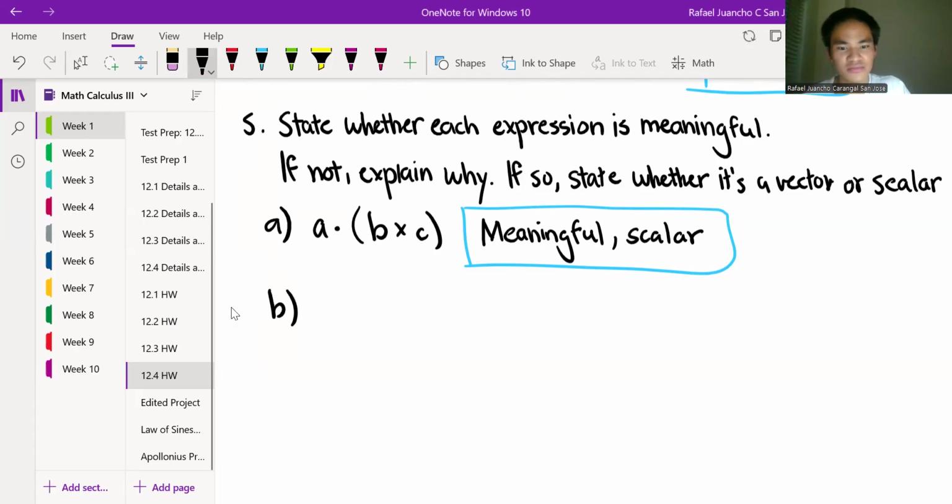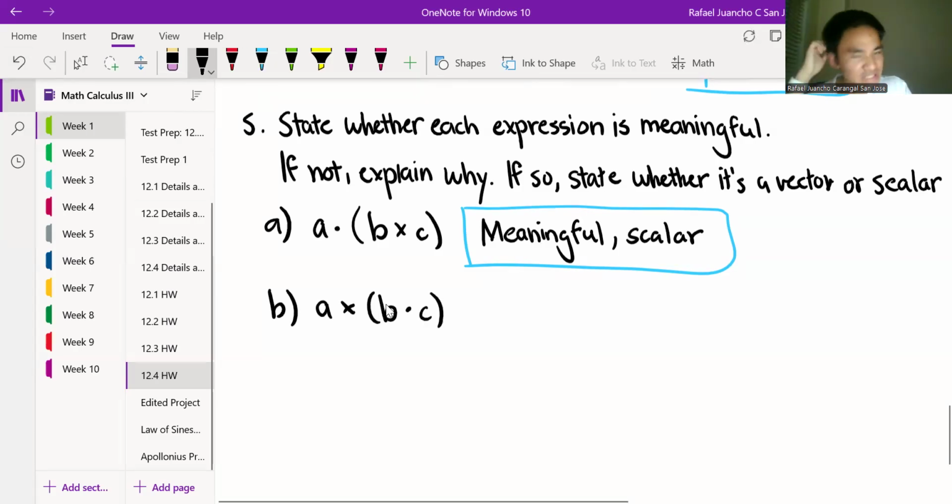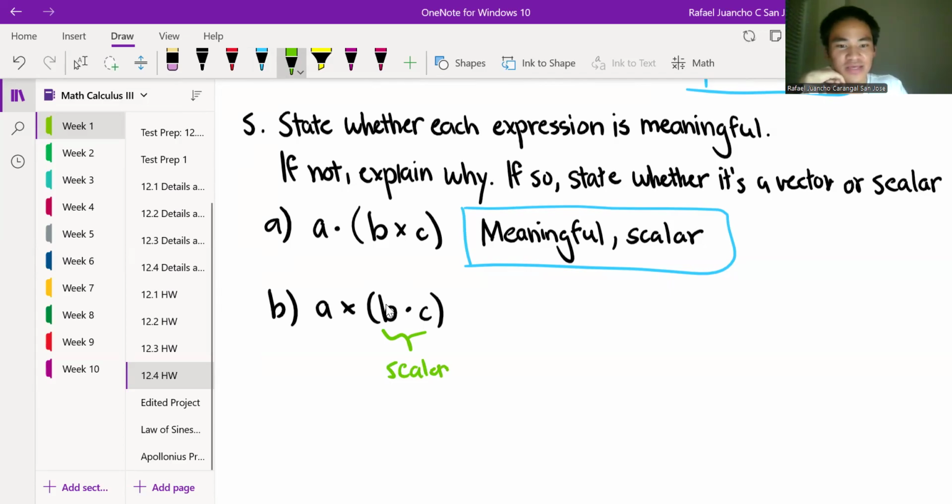Same idea. We have an expression. So we have the cross product of A, and this one is a dot product. Let's look at the one in the parentheses. This one is a dot product. B is a vector, C is a vector. So this is a scalar. It's a number.